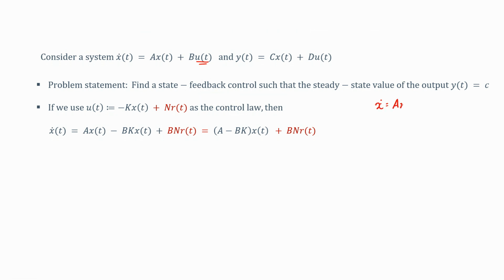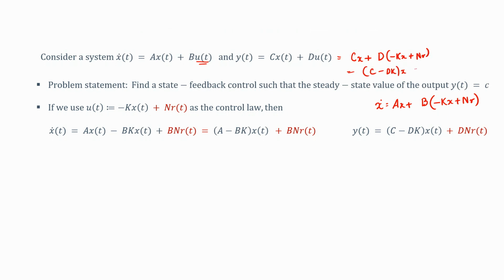Therefore this becomes (A minus BK) x plus this expression, and my y(t) will become something like this, because if I put that control law, it becomes Cx plus D(minus Kx plus Nr), which is nothing but (C minus DK) x plus DNr.